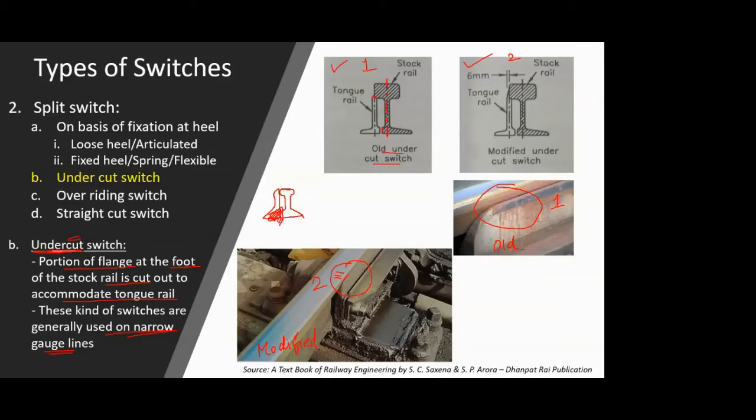It might fail very early, or the wear and tear will be quite rapid in this type of switch. That's why we use it for narrow gauge lines, where a lot of traffic is not there. Very few trains pass over that kind of point or switch. So that's why we use it in narrow gauge lines.